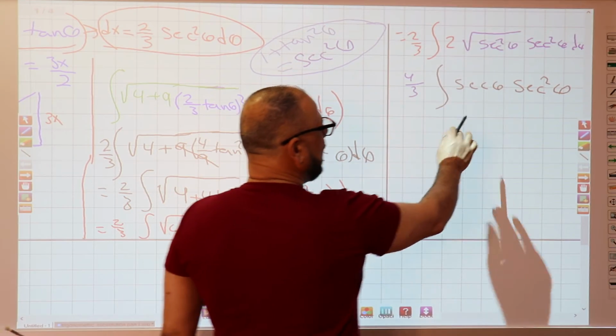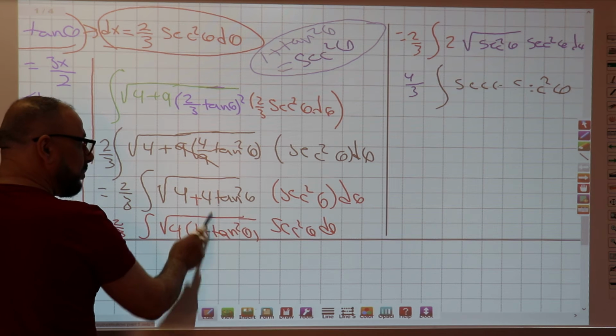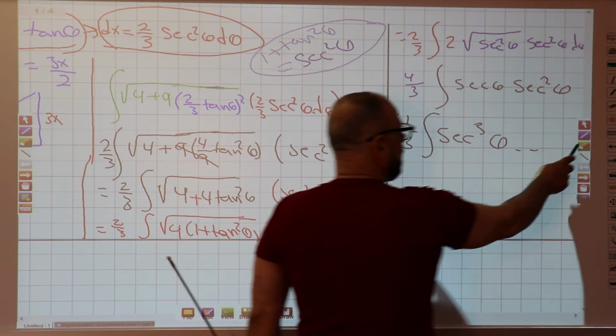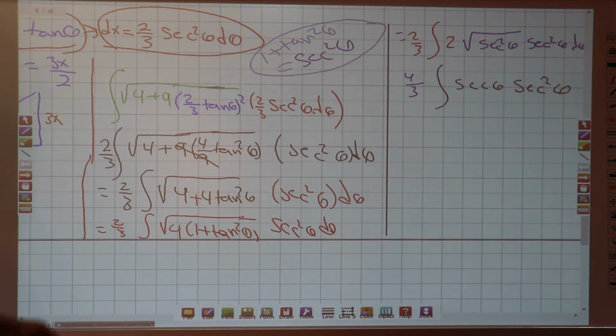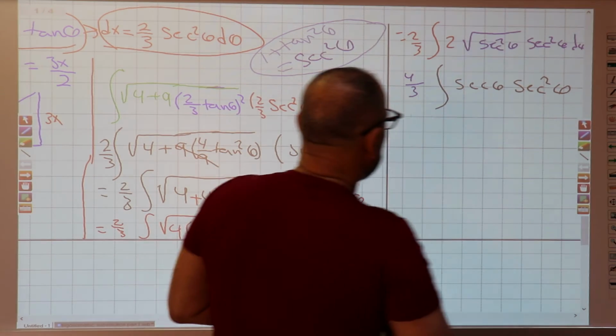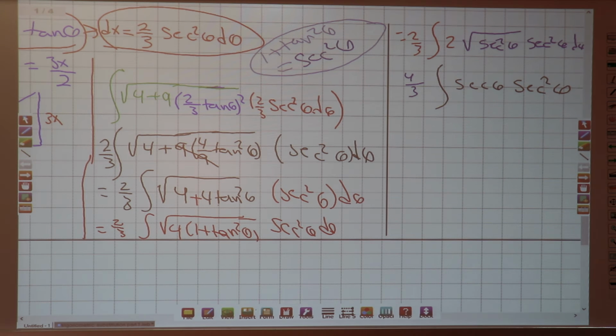Look at this. If we remember that secant square equals 1 plus tan square theta, what do we have to do at this step?